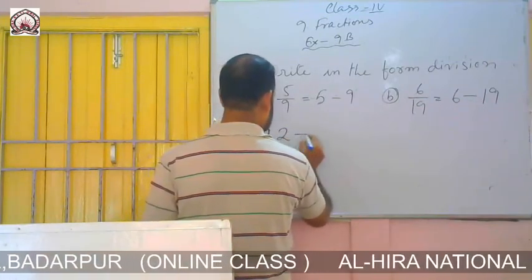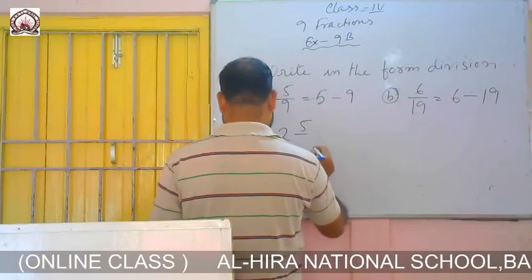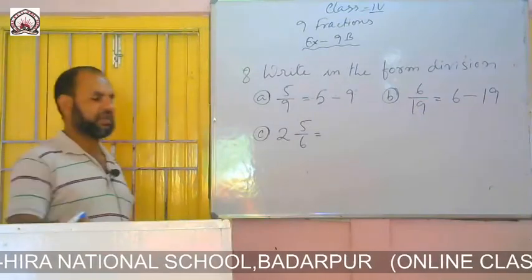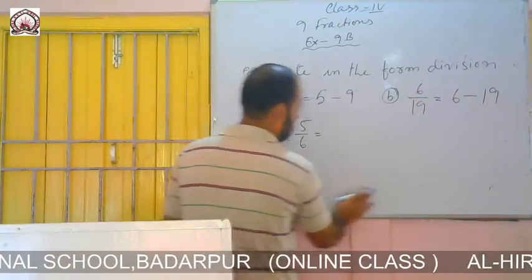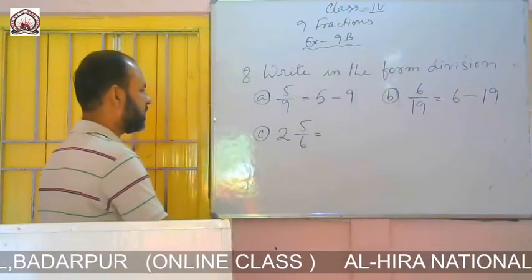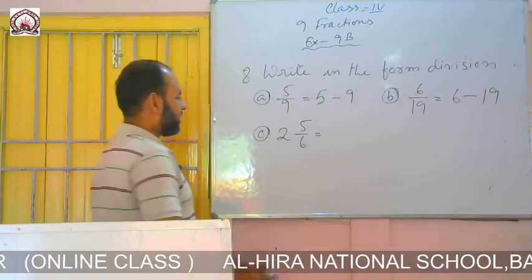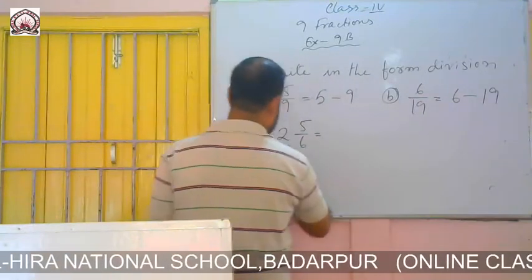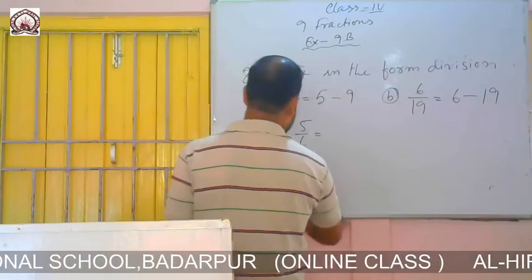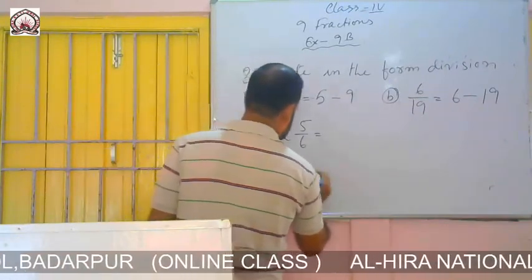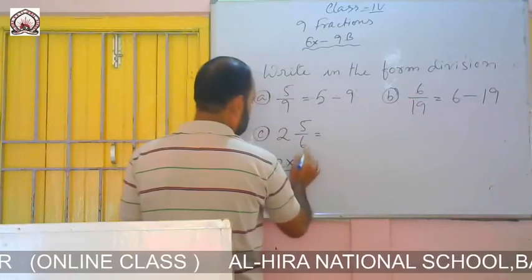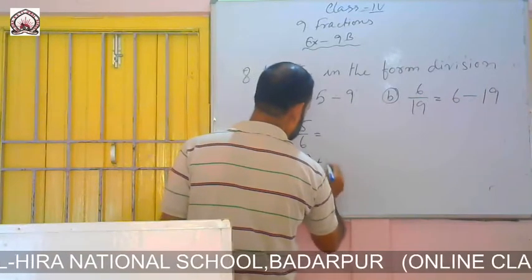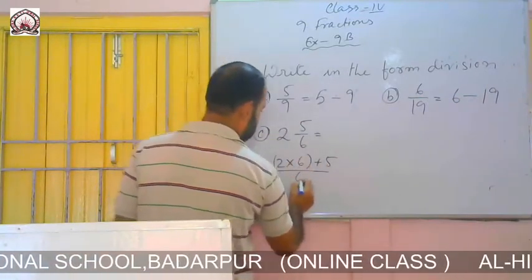Next, number C. 2 5 by 6. If the fraction is a mixed fraction, first we change it into an improper fraction, then we write the division form. To change a mixed fraction to an improper fraction, we know whole number into denominator plus numerator, by 6.